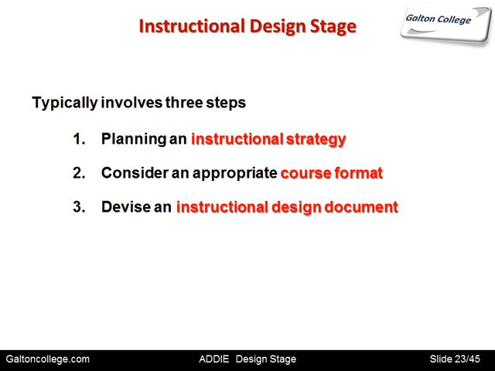One is planning the instructional strategy, second looking at the course format, and thirdly the instructional design document. Now the trainer should really have this in mind and should be prepared to document the activities that he or she has gone through in designing the program under these 3 headings.